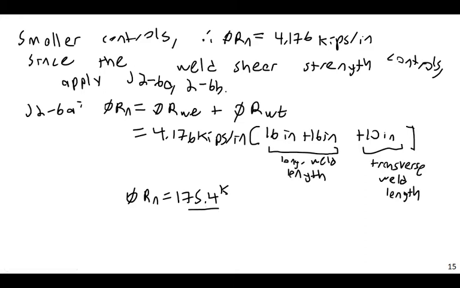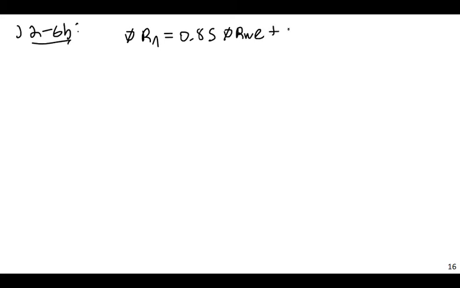Next, I want to look at J2-6B. And here, phi-Rn is equal to 0.85 times phi RWL plus 1.5 phi RWT.